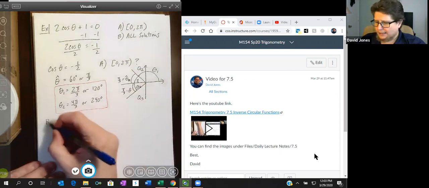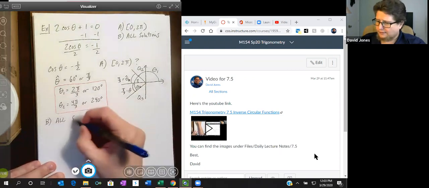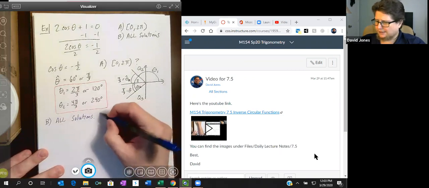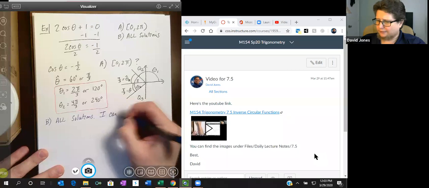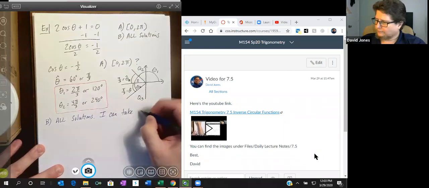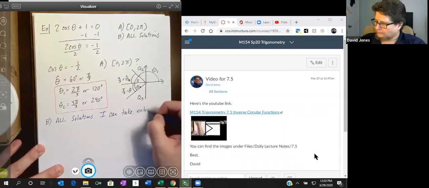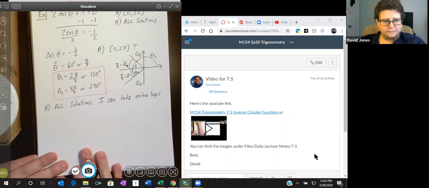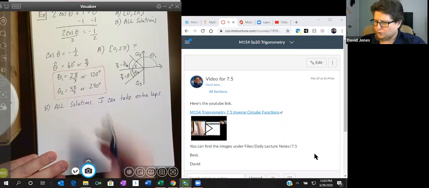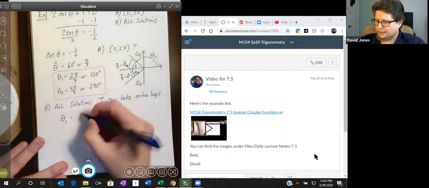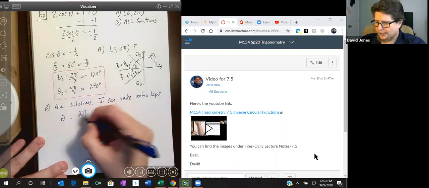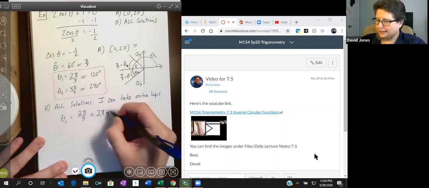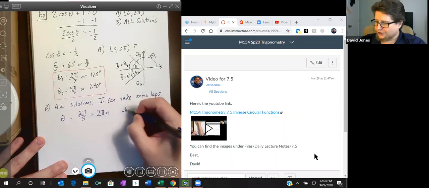For part B, I want all solutions, which means I can take extra laps around. Which means theta 1 can be 2 pi over 3 plus any multiple of 2 pi. So 2 pi n, where n is an integer.